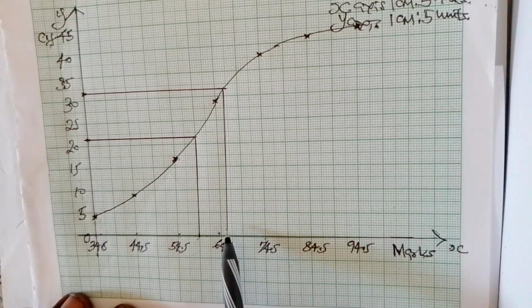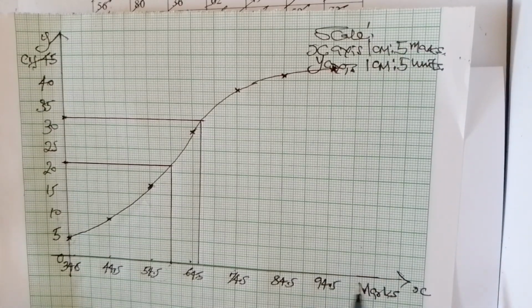If we read the value at the x-axis, they are almost 2 squares before 5. 2 squares before the value of 5 in 1 centimeter.